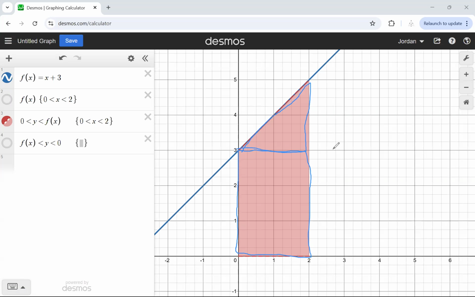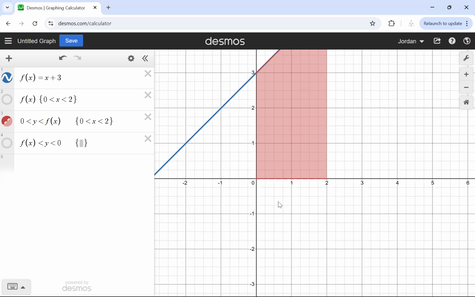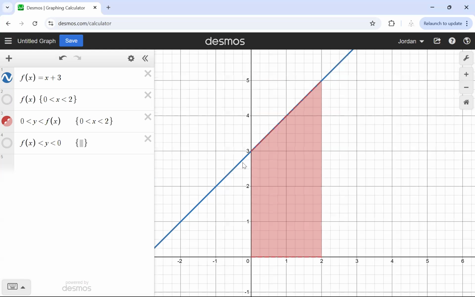If we use those two formulas, add up triangle area plus rectangle area, then we're good to go. Let's break it up into triangle plus rectangle and then add it up. By the way, there's no place where our line is underneath the x-axis. So this area is going to be all positive.